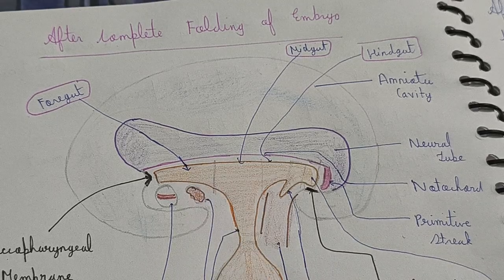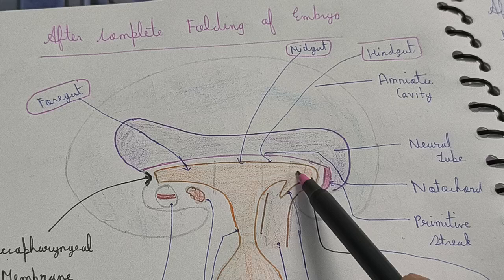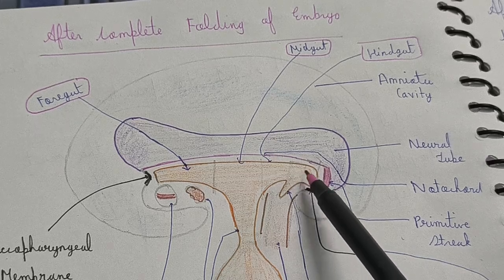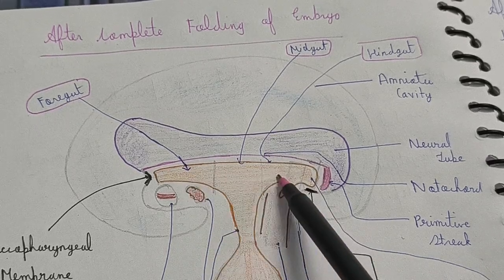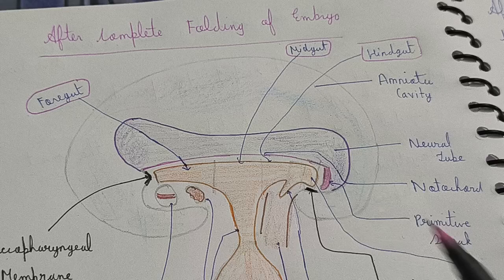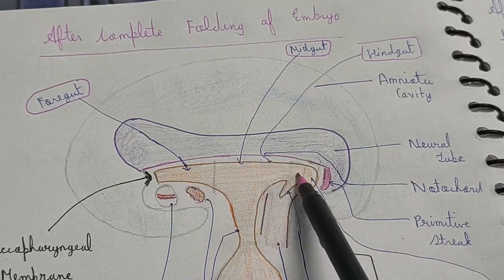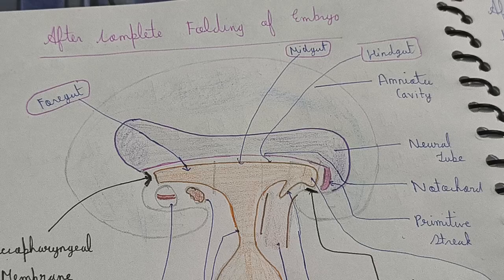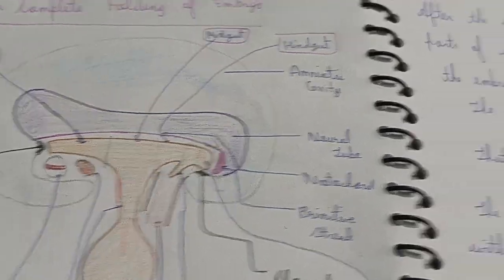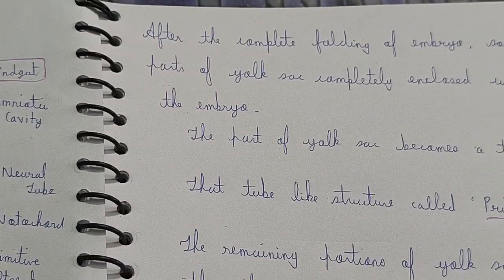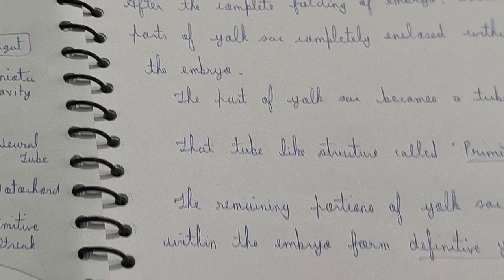You know that the yolk sac is lined by endoderm, and the primitive gut also developed from the yolk sac. Therefore the primitive gut is also lined by endoderm, and in future it will form the digestive organs, so you can realize that all these digestive organs are endodermal in origin.